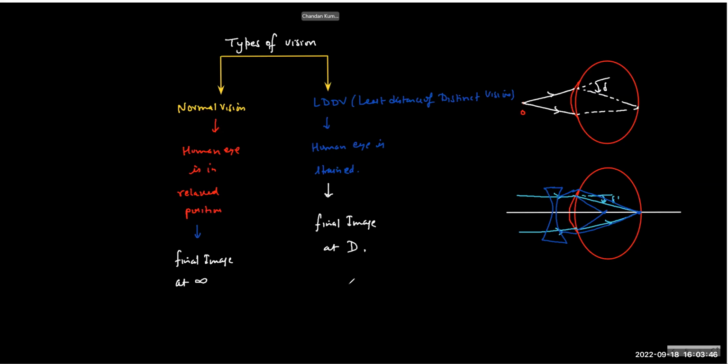D. We want the final image at D, and this will lead to the maximum possible magnification. This will be less than maximum. This will give you magnification, but less than the upper limit.